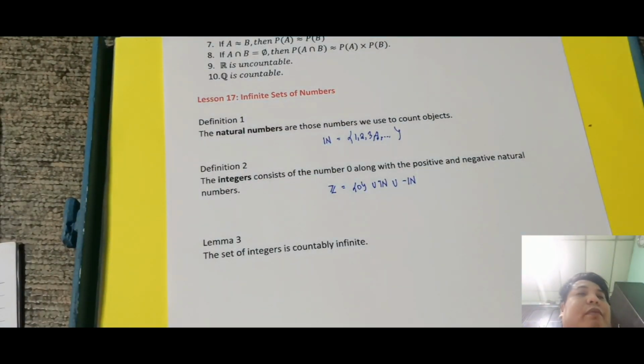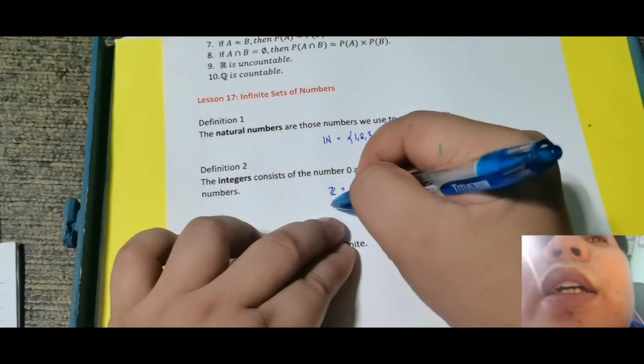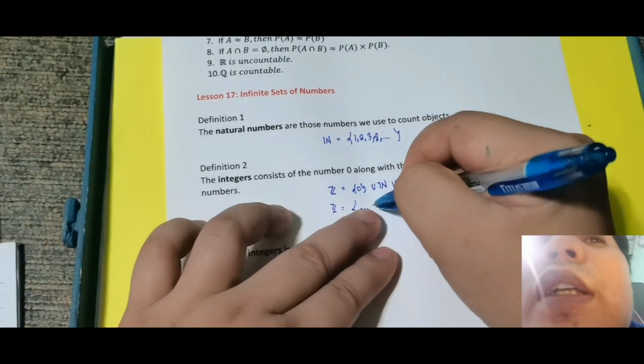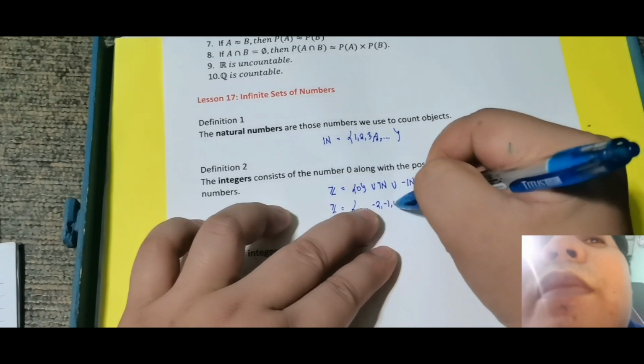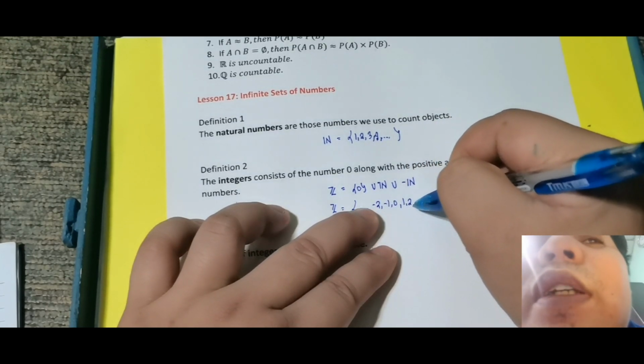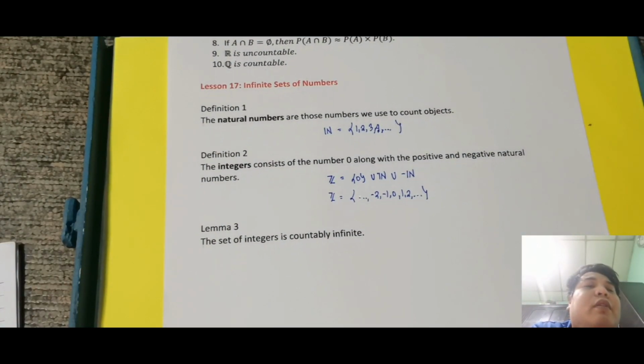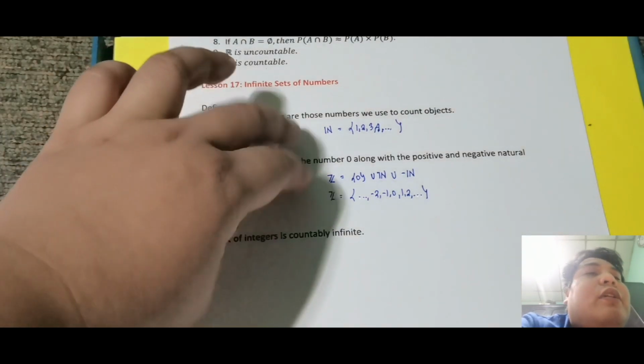In terms of roster form, this is the set containing negative 2, negative 1, 0, 1, 2, and so on. So ayun yung mga ibig sabihin yan. Tanda na, ito si natural number, ito si integer.